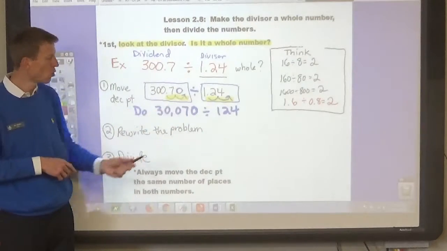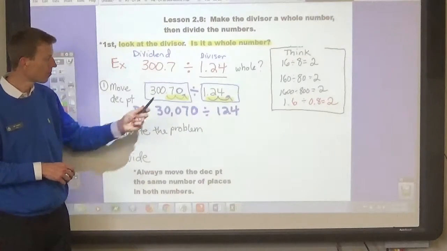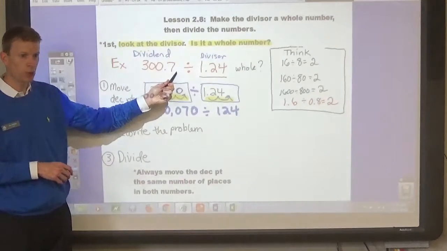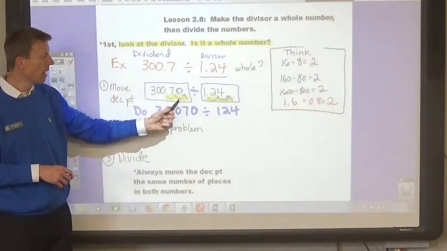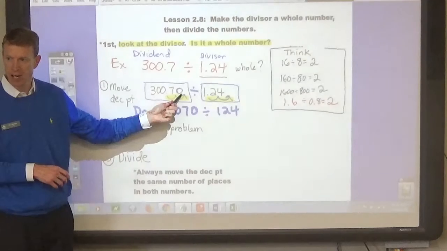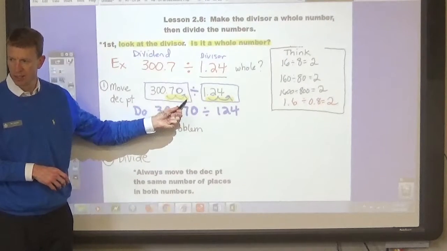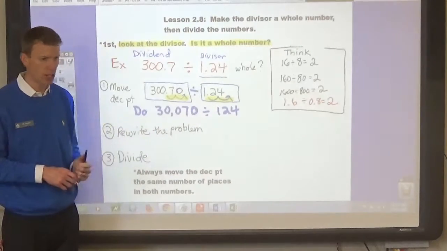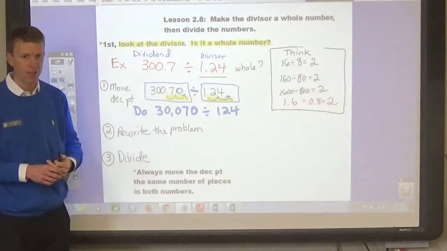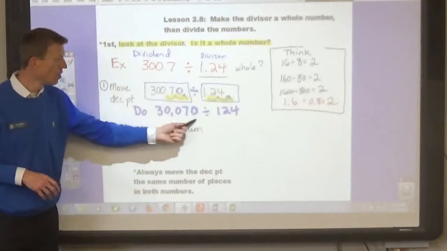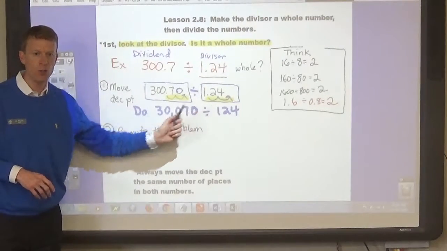Sam? 2 places, right. And in this case, since the 7 only gives us 1 place, we're going to have to put a 0 at the end of the number in order to be able to move it 2 places. Then you can do the division. Then you rewrite the problem and do the division using the new numbers.